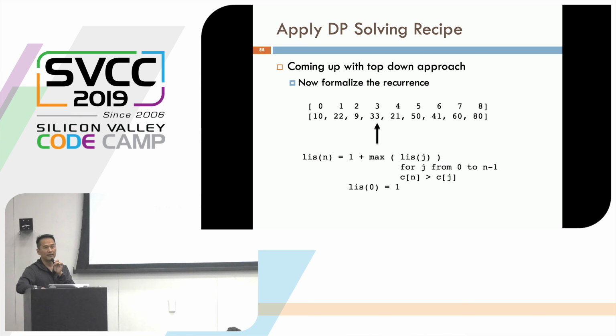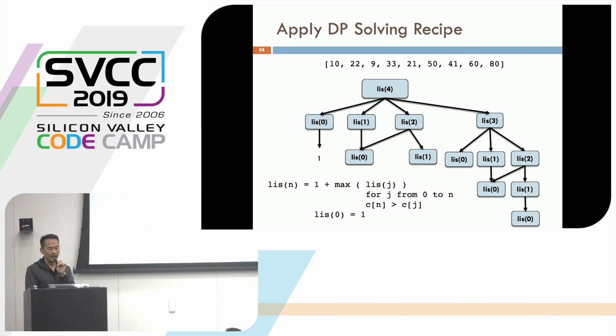Right? So when we're at n, we have to go all the way back. And our base case is LIS of 0 is 1. Again, if you draw out this tree, at LIS of 4, you go to LIS of 3, 2, 1, and 0, and so on. So you see this tree, right? And you see subproblems. And you see overlapping subproblems.